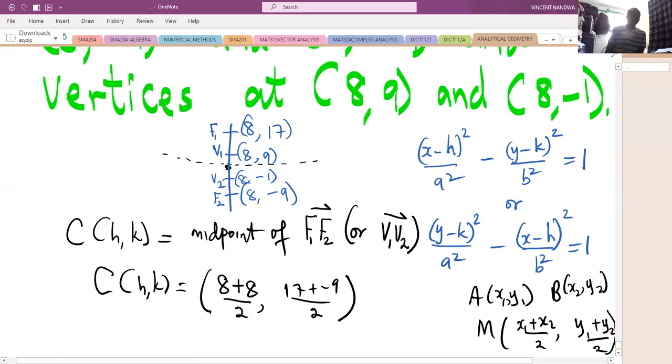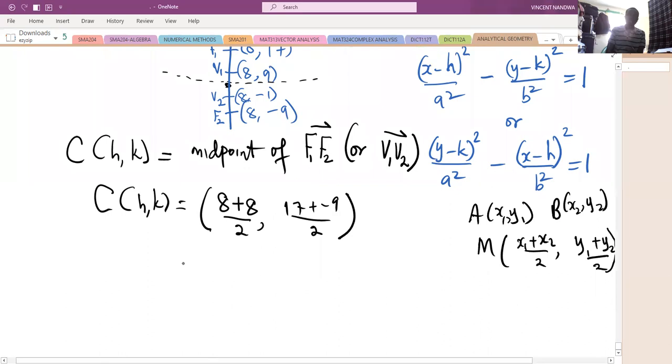So if we pick the foci, we have 8 plus 8 over 2, which is 8, and then 17 minus 9 is 8, divided by 2 is 4.